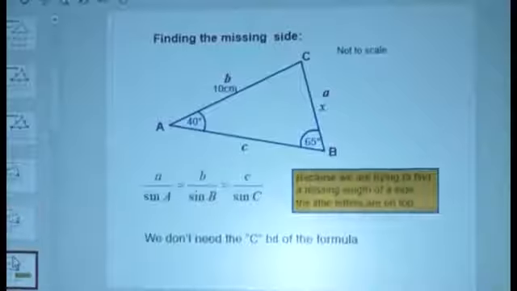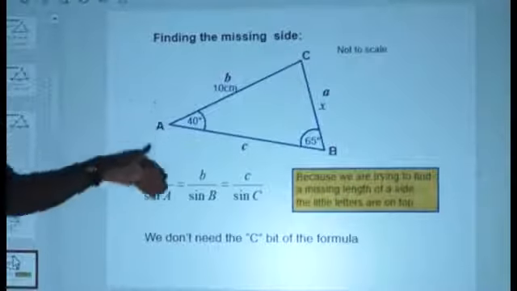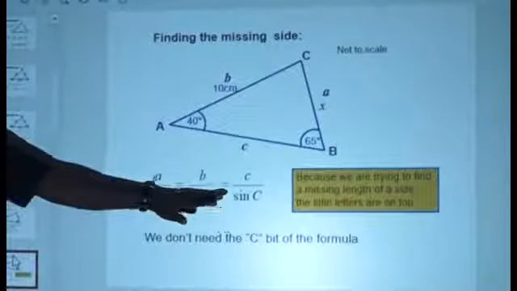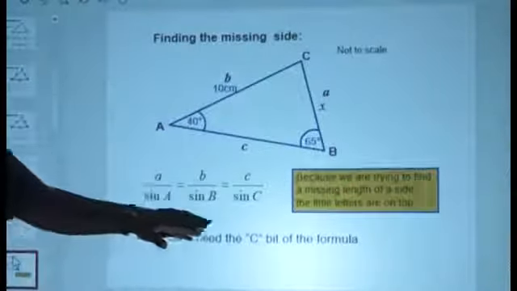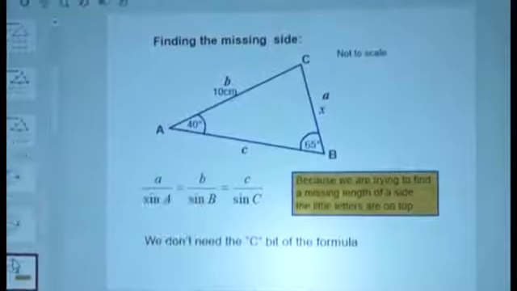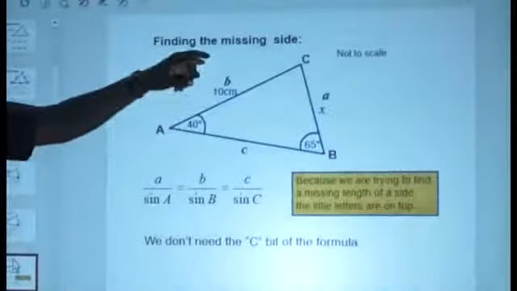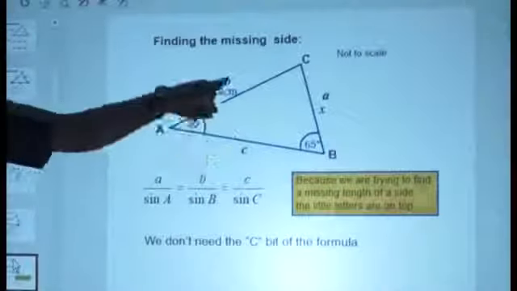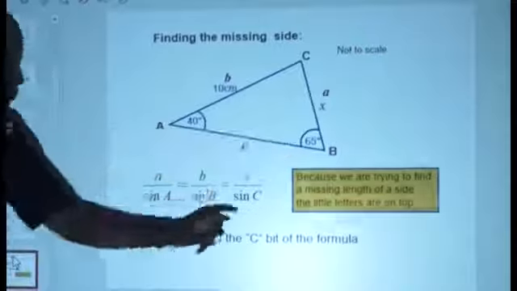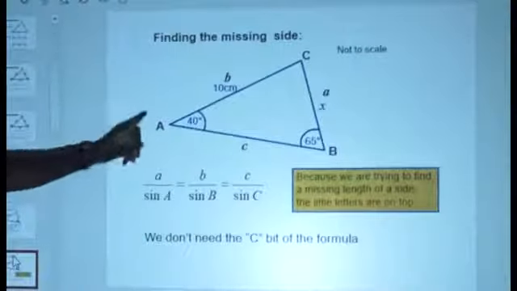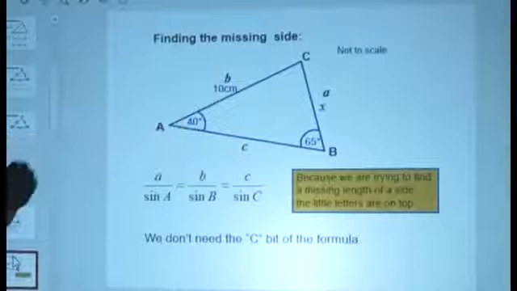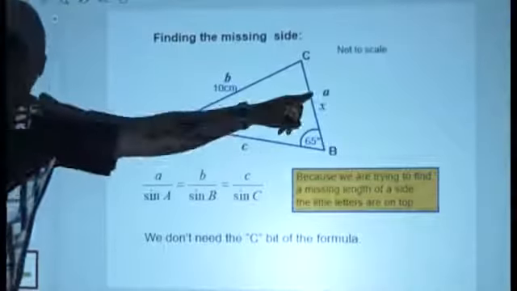So after labeling, we now write the formula out. We must know this formula offhand. By the time we label them, we don't need the C bit of the formula. We have B, and we know small b. We have angle A, and we are looking for small a.